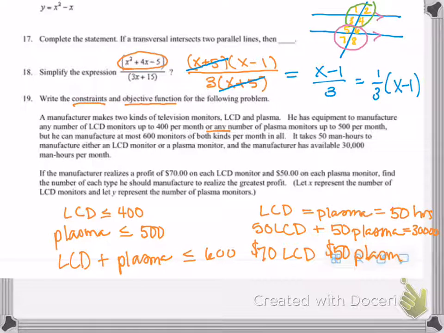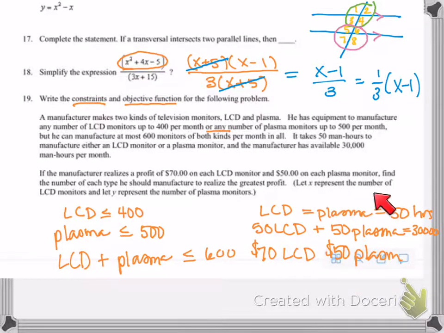It says find the number of each type he should manufacture to realize the greatest profit. So what's the objective for this one? We want to make money. We want to have the greatest possible profit. And we make profit by making and selling these types of TVs. And it's $70 for the LCD, $50 for the plasma.